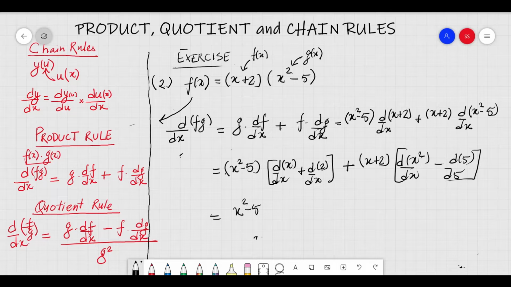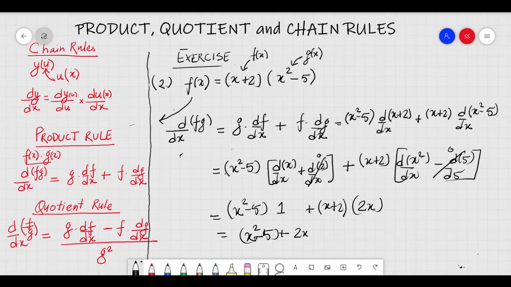So it would be (x squared minus 5) times (1 plus 0), plus (x plus 2) times 2x, since the derivative of a constant is 0. If you want to simplify it more, you can put x squared minus 5 plus 2x times (x plus 2), and if you want to simplify it more you can, but I'll just put it this way. So this is how we apply the product rule.